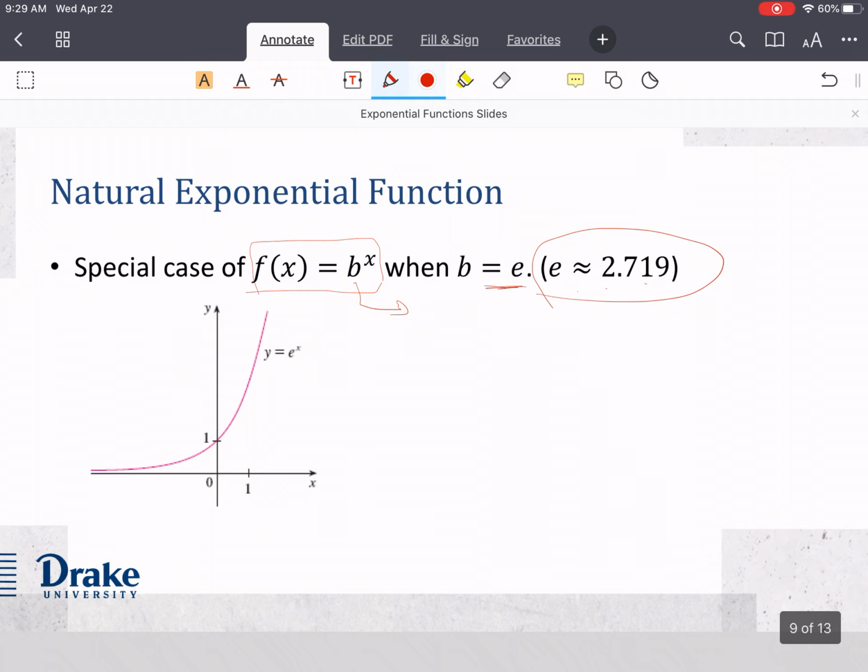When I say natural exponential function, I always mean f of x equals e to the x, where e is the number 2.71. The graph of e to the x always looks like this. It passes through 0, 1, goes from left to right. It's always increasing because the base is a positive number bigger than 1. And that is what we call the natural exponential function.